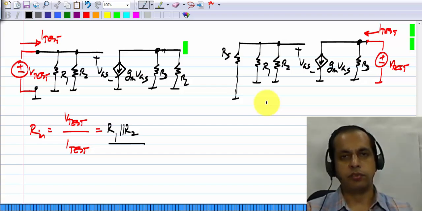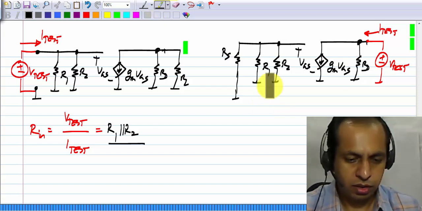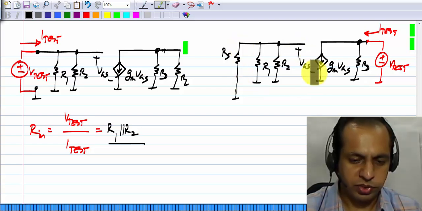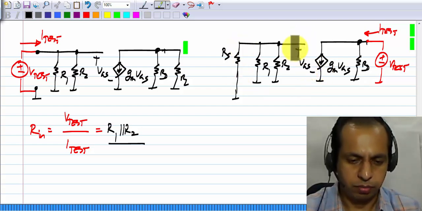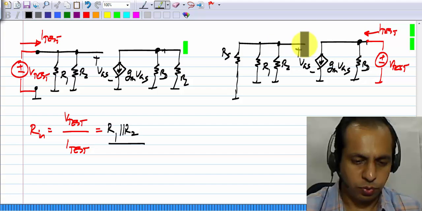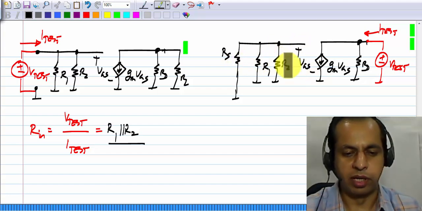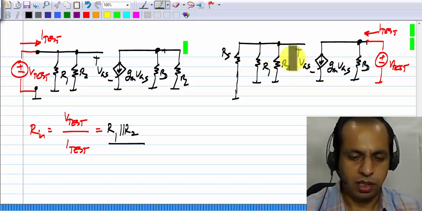Again, this calculation is very easy. You see that because this is 0 here, this VGS itself is 0. Okay, because this voltage VGS appears across the parallel combination of these three resistors, and if there is any non-zero VGS, there will be nowhere for this current to flow.